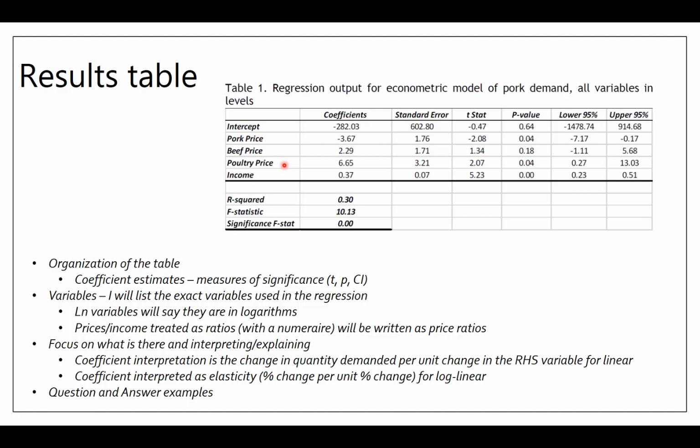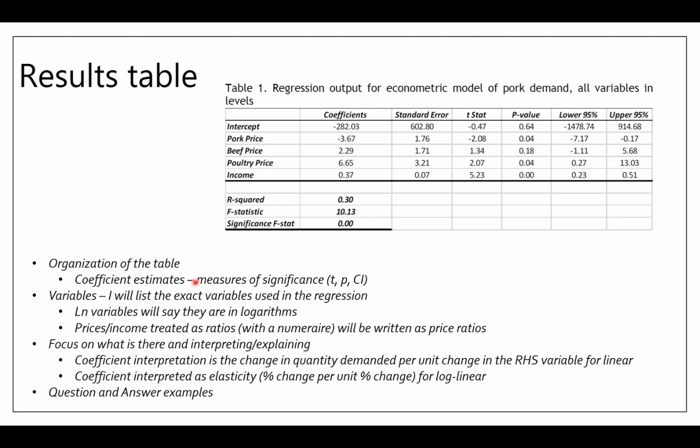The organization of the table will always look like this. It's not exactly what you get out of Excel, but it's close. This part is from Excel, and then I copy some information from the top and put it here at the bottom. So go down here to find your R squared and F statistic, plus the significance of the F statistic.